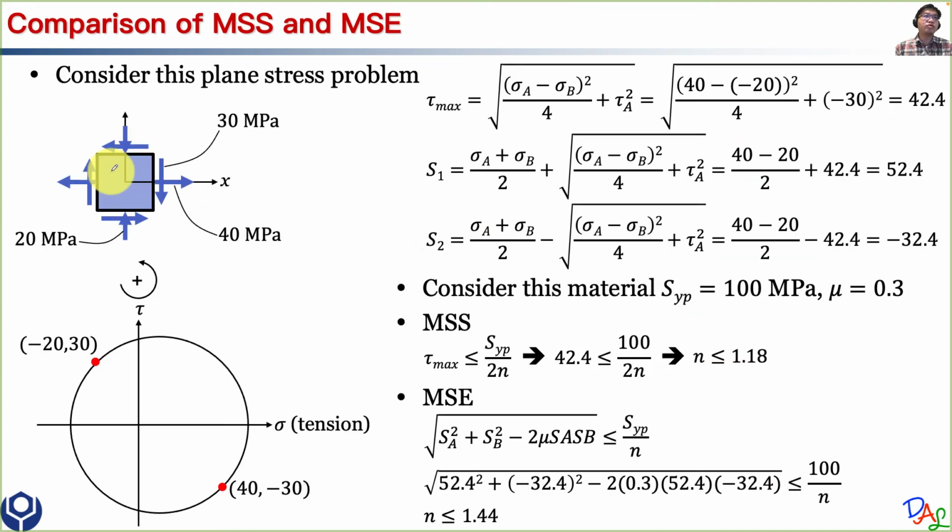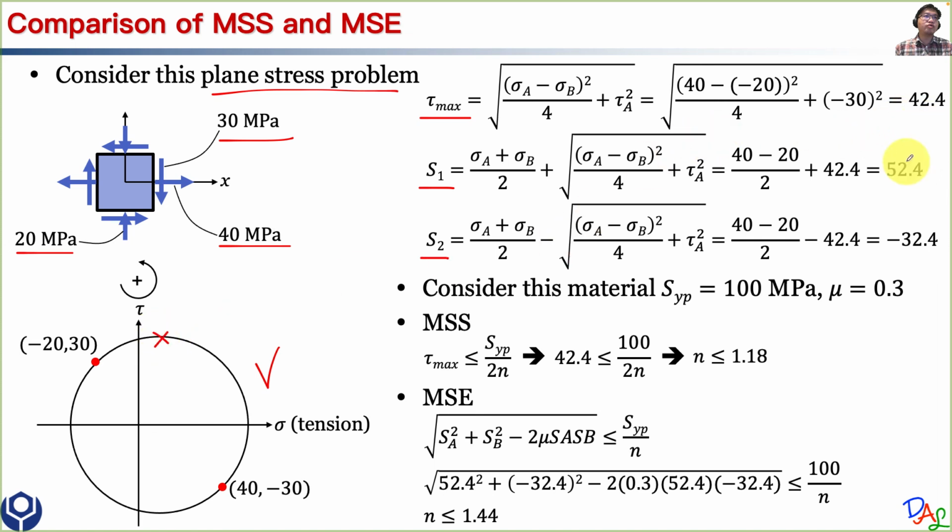Now let's try to solve a problem. So consider this plane stress problem, and the stresses are being shown in the figure. And if you plot out the Mohr circle, it looks like this. I will allow you to try it by yourself, and from here we can calculate the maximum shear stress and both principal stresses.